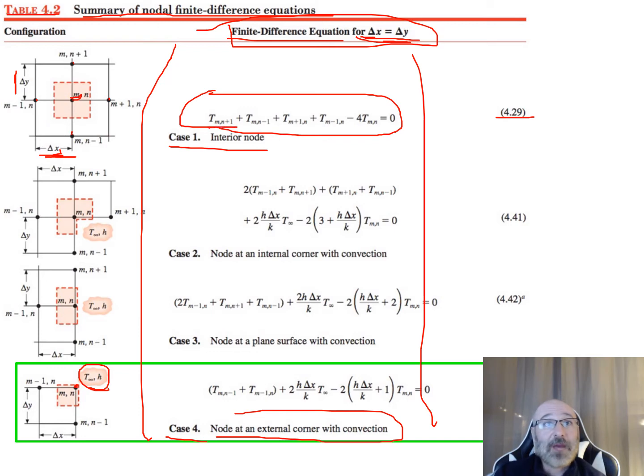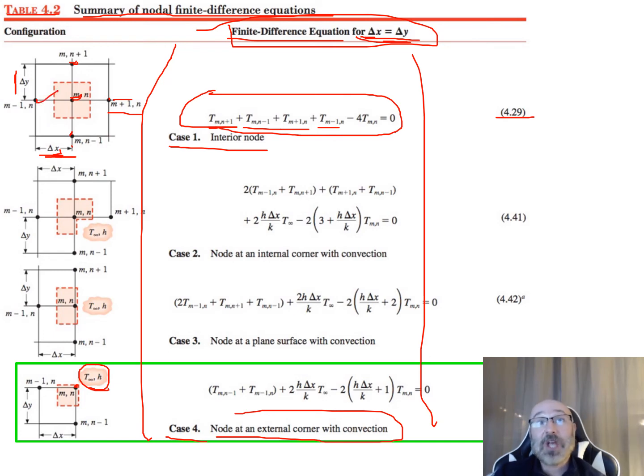We can say that the temperature of m, n plus 1, plus the temperature of our m, n minus 1, plus our temperature of m plus 1, n, plus that last one, our temperature of m minus 1, n.